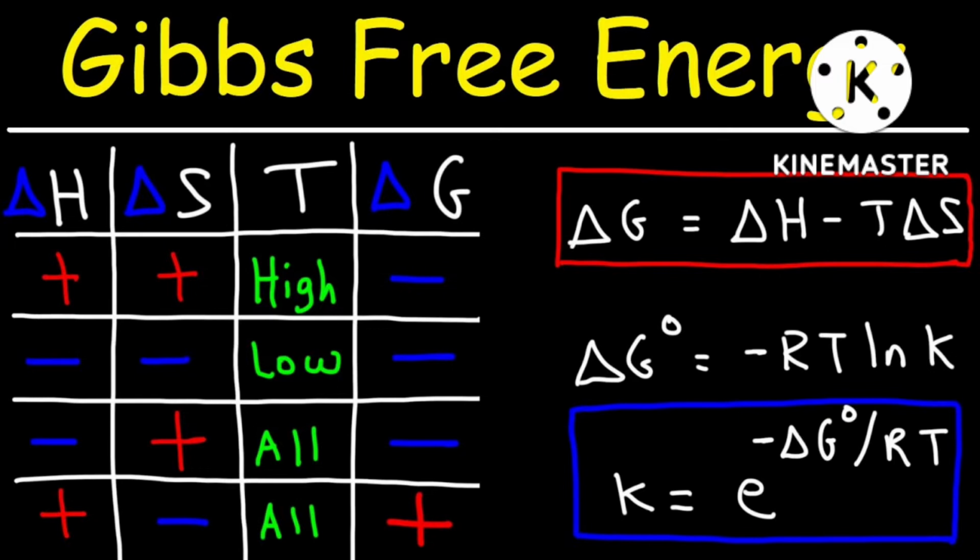This means that the reaction in both directions should proceed with a decrease in free energy, that is, free energy should decrease on both sides. Only then will a spontaneous reaction take place.